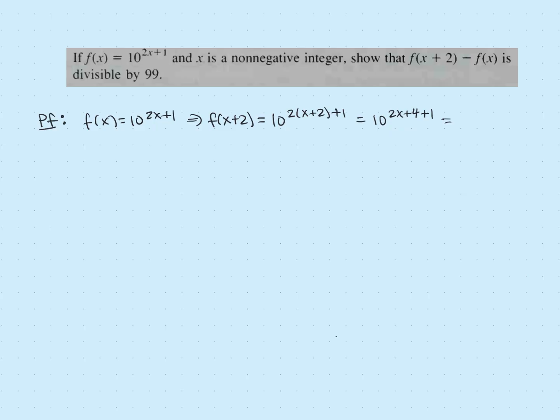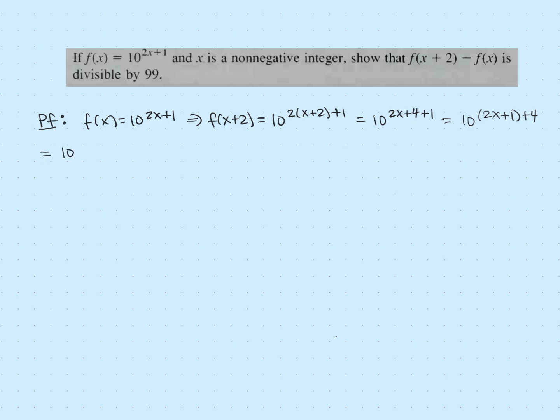And then I'm going to rewrite this to be 10 to the 2x plus 1 plus 4. Now, why would I want to do this? I want to do this because I see that 2x plus 1, which is exactly how f of x is defined. I do have that extra 4 in the exponent, but because of exponent properties, I can rewrite this as a product.